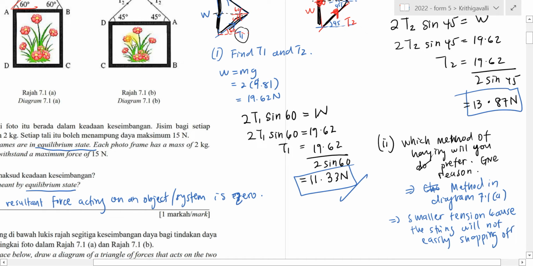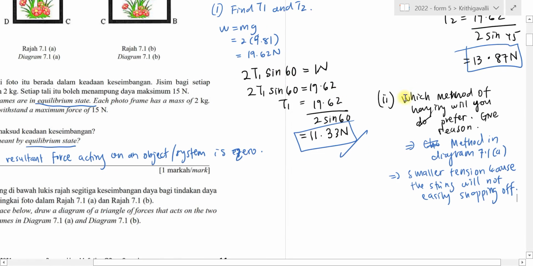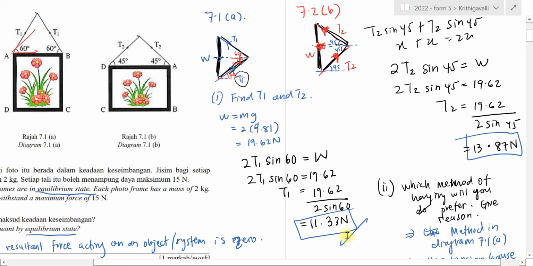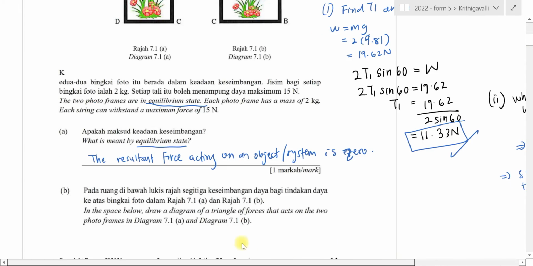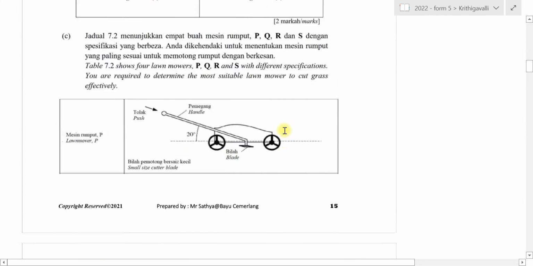Snapping off, something like that. All right, so it's a good question. They can ask a lot of things here. Just copy this as an additional question for you. Right. And then decision making.